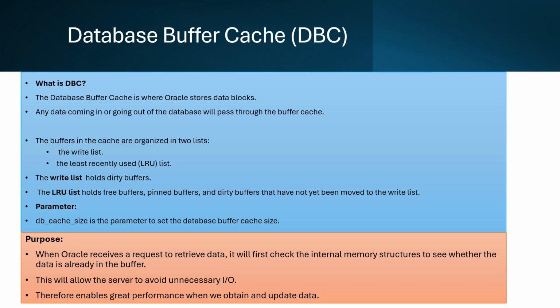So just remember, in the database buffer cache, the data will be stored in blocks only, and it reads the information from the data file also at block level only. The database blocks are kept in the database buffer cache according to the LRU, least recently used algorithm.